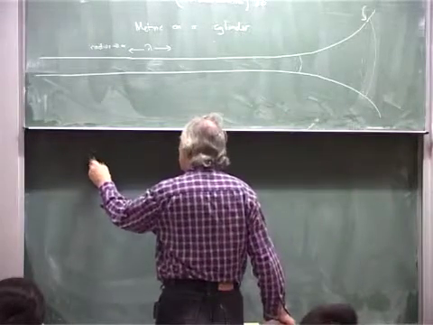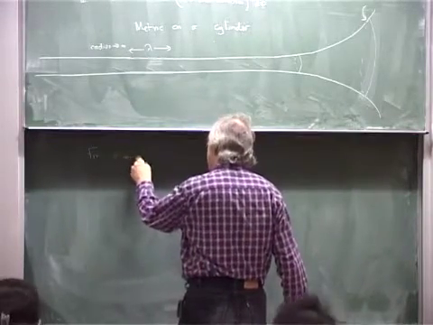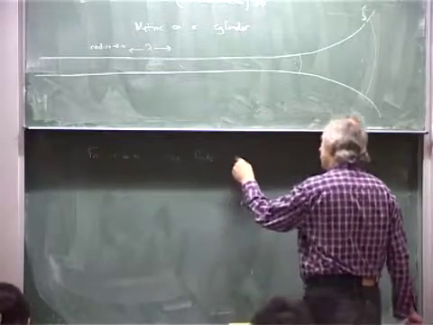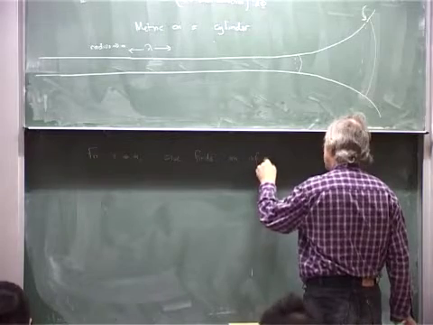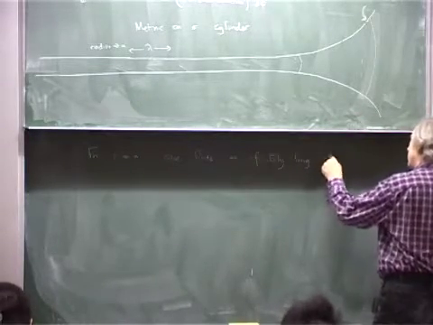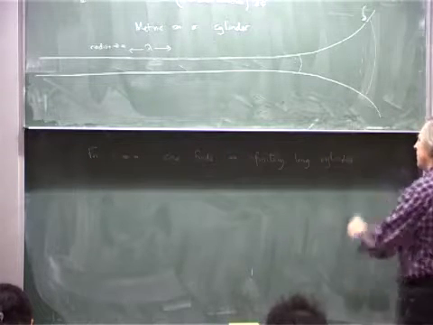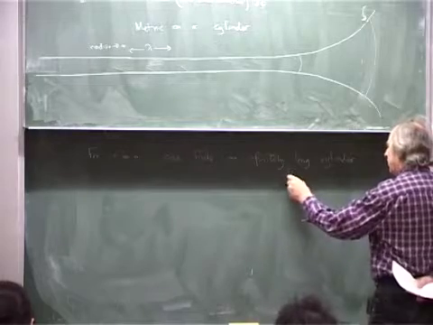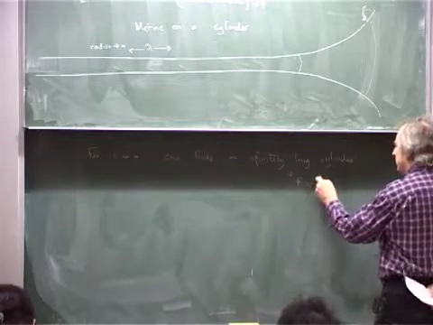So for r tending to m, one finds an infinitely long cylinder. Now, at constant t, this is of course an infinitely long cylinder of topology R cross S2.